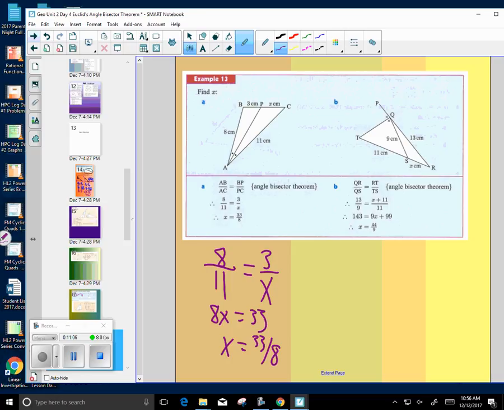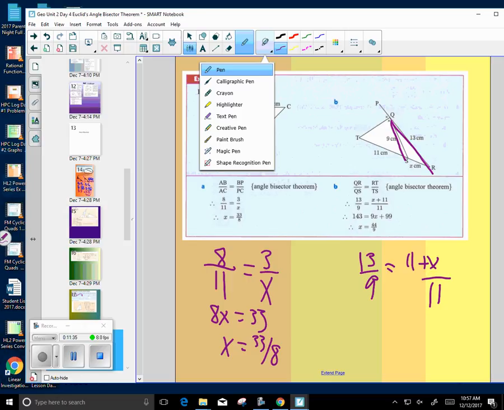With the external ones, you're going to do QR to QS. So 13 is to 9. This one is to here. And then what you're going to use for the bases is this whole, from the whole, 11 plus x over this shorter part, which is 11.